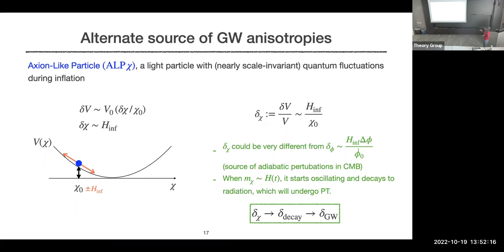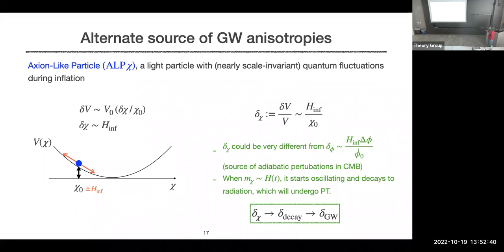And the level of anisotropy, delta chi, which is just the ratio of how much variation there is in potential energy over some average potential energy, will be given by the inflationary Hubble scale over this initial misalignment chi naught. And as you can see, this is completely different from the fluctuations in phi, the inflaton, which will give us the CMB.